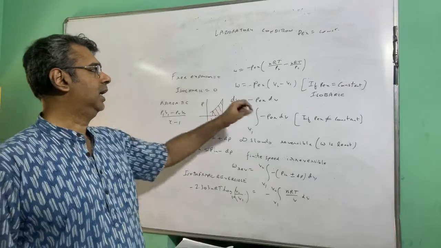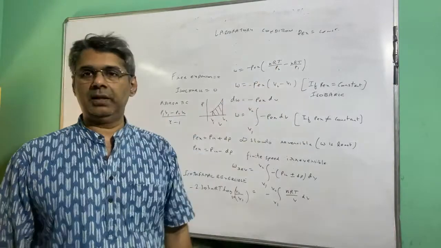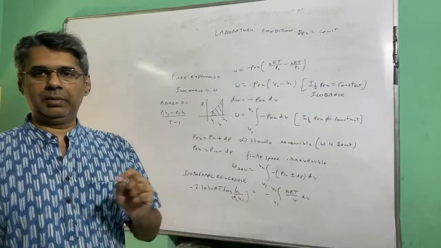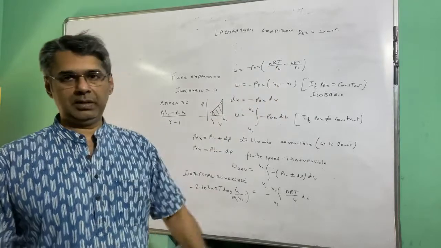Then instead of V2 you can write nRT by P2, instead of V1 you can write nRT by P1, right? You are doing a laboratory condition and it is also isothermal, then instead of this you can also write this.